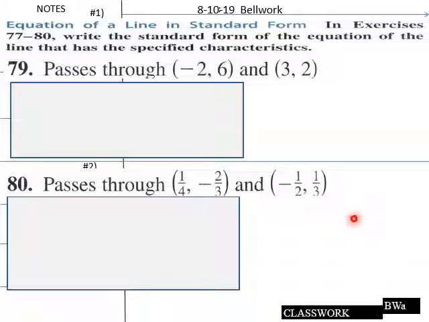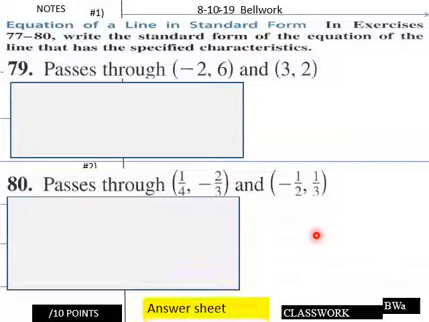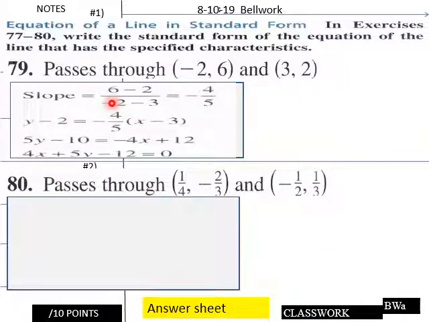Okay, welcome back for your solutions for today's bell work. Up here we find the slope. We get negative 4 over 5 for a slope. Then this is our point-slope form of an equation of a line.